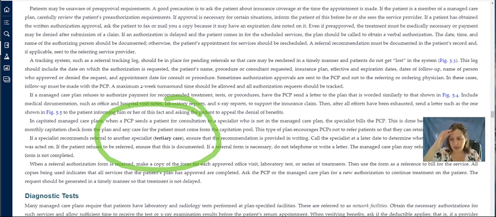Let me give you an example. I had this growth under my eye not that long ago, and it just kind of popped up over a couple of weeks, but it had never been there before. And I went to see my family doctor, and he goes, I don't know what that is. I'm going to send you to see an ophthalmologist, which is an eye doctor, to have him look at it. So I went to the ophthalmologist, and he looked at it and said, yeah, it needs to come off, but I'm not the doctor to do it.